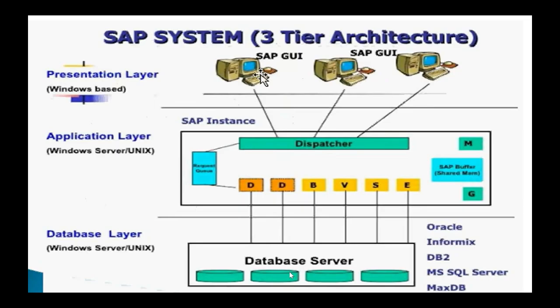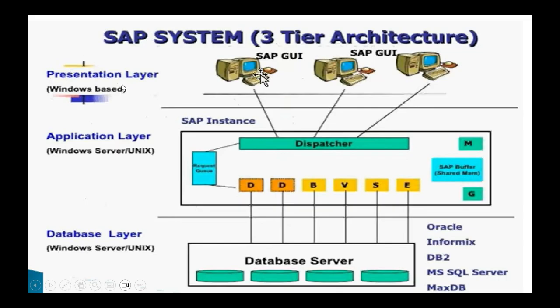Now, this is a very important slide where we are going to study the architecture of SAP. Here in the architecture, we can see the three layers: presentation layer, application layer, and database layer. The presentation layer will be Windows based, because whatever graphical user interface we have, maybe a laptop or a desktop or a mobile, that is the SAP graphical user interface, that is possible with Windows based.